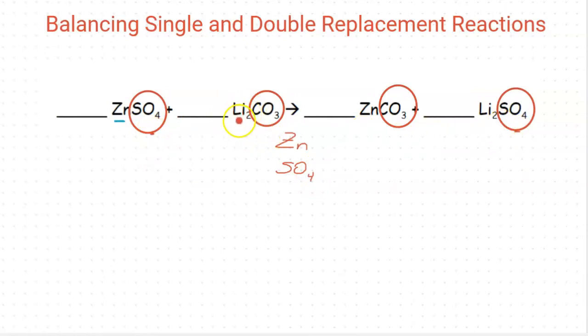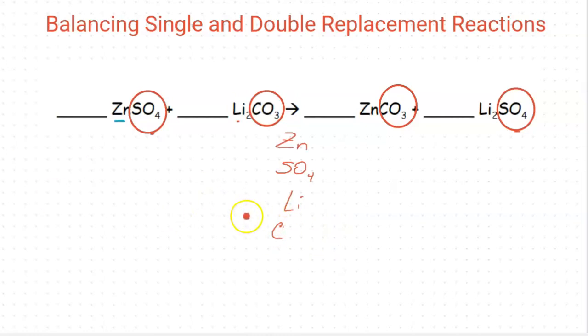The next element I come to is lithium, so I'm going to write lithium down the center. And then I've got my carbonate in my circle, and carbonate is a polyatomic ion that appears the same on both sides. So these are the 4 ions that I'm going to balance.